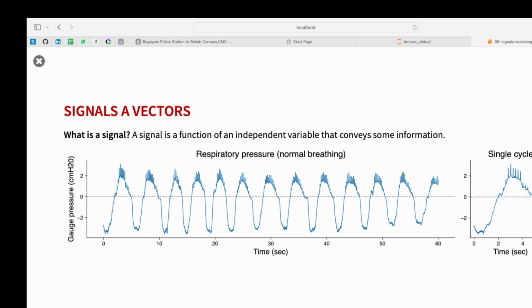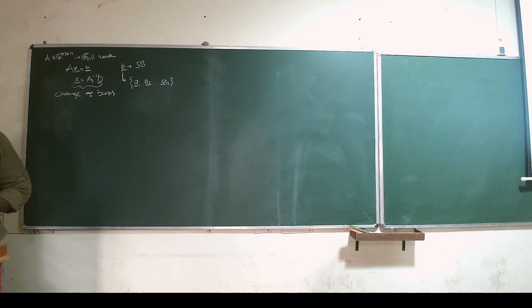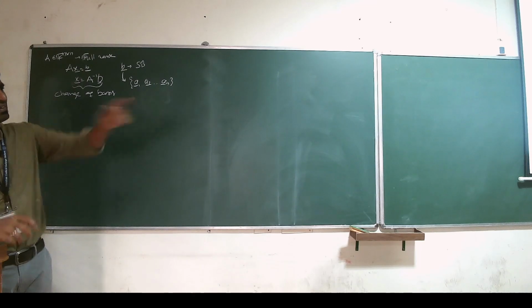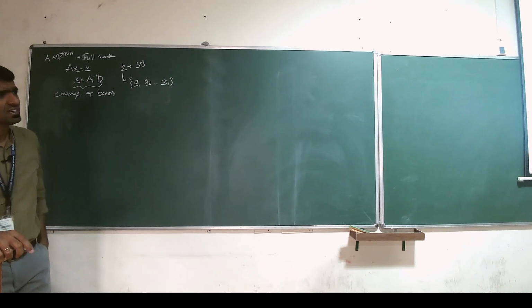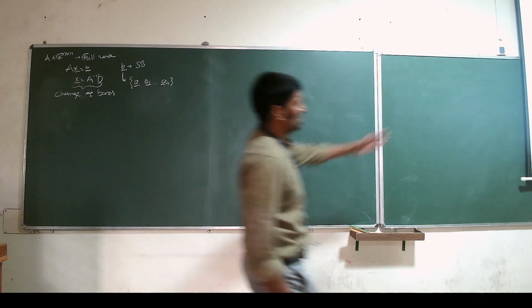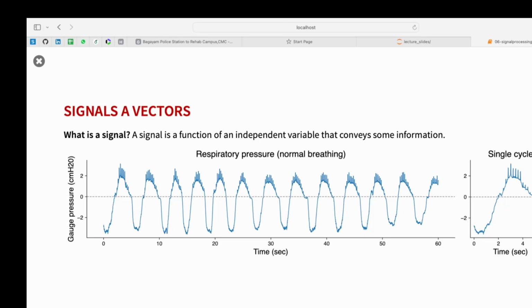This is supposed to be the gauge pressure or respiratory pressure during normal breathing, and it makes sense: breathing is rhythmic, so you see the pressure goes up and down.